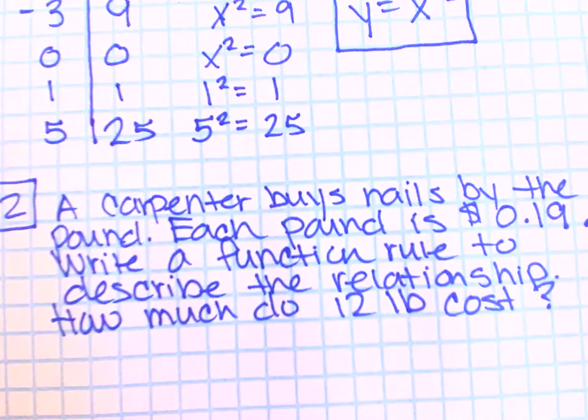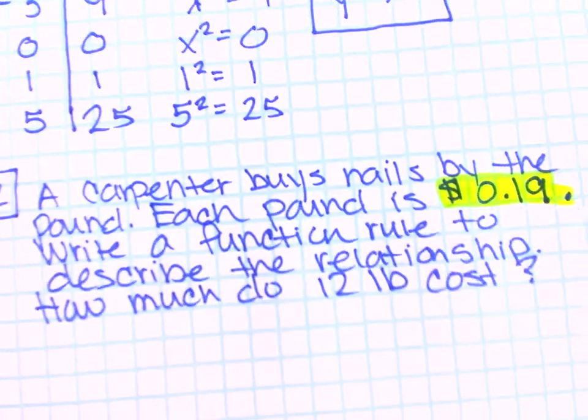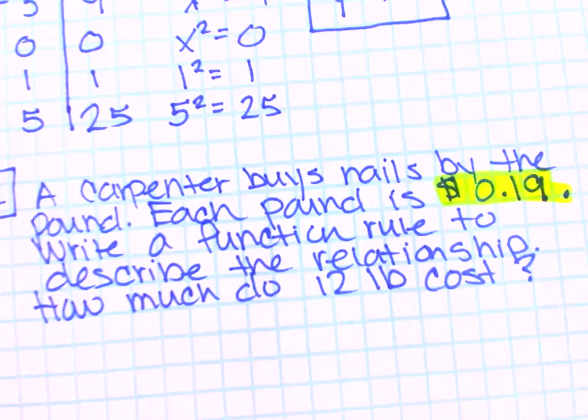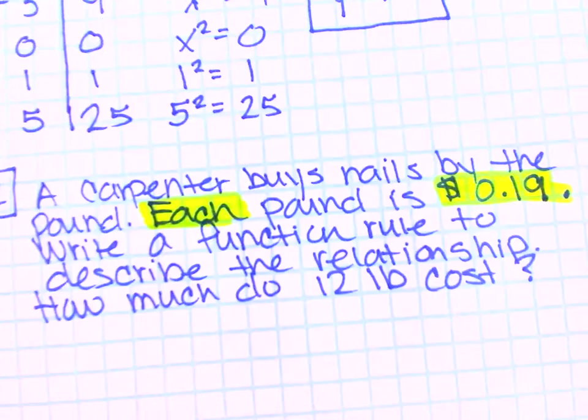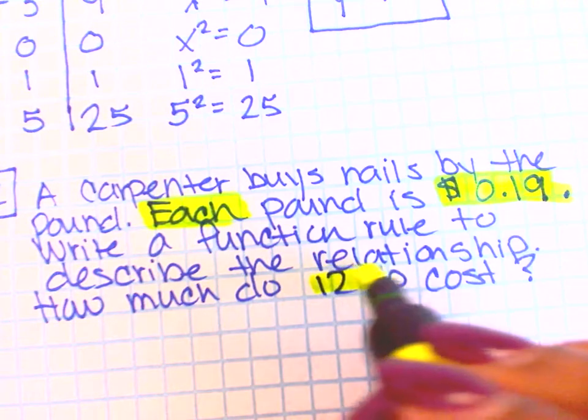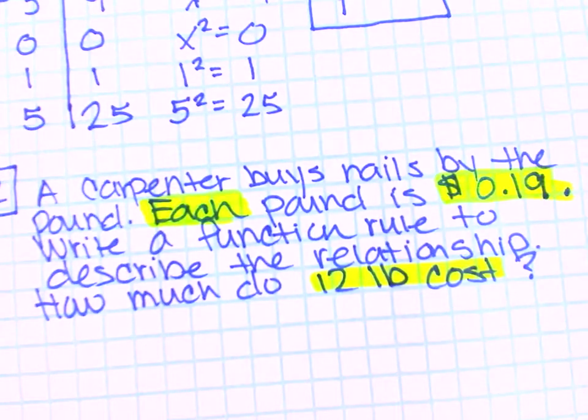So I know that the nails are 19 cents a pound. Okay, and that's each. So that means multiplication. Each means multiplication. And then at the end, I need to figure out how much 12 pounds costs. Good, so now I know what I need.